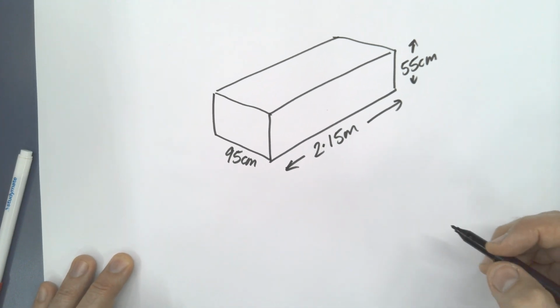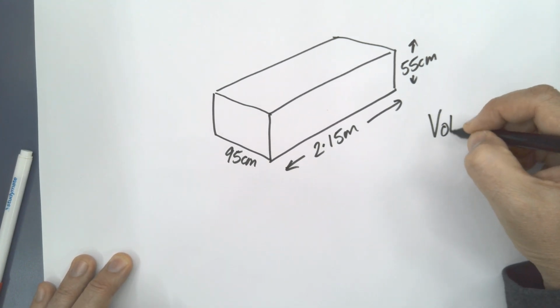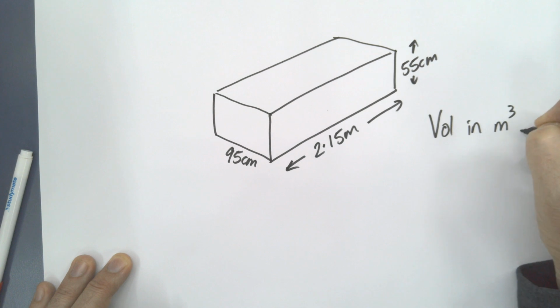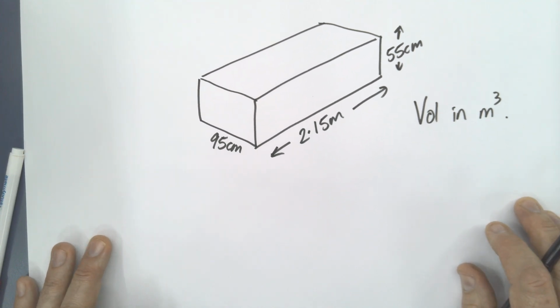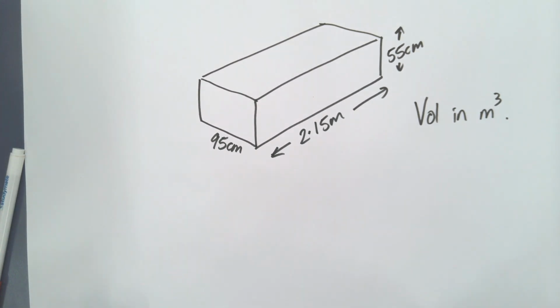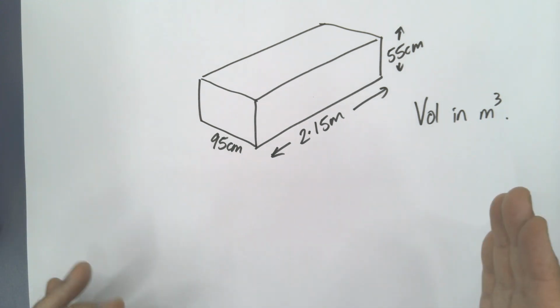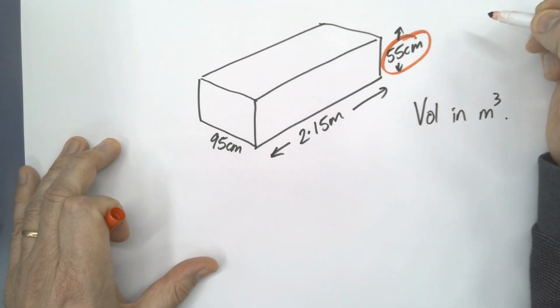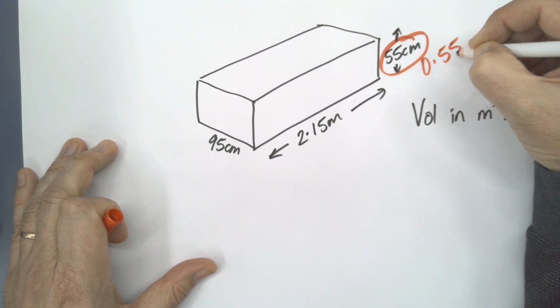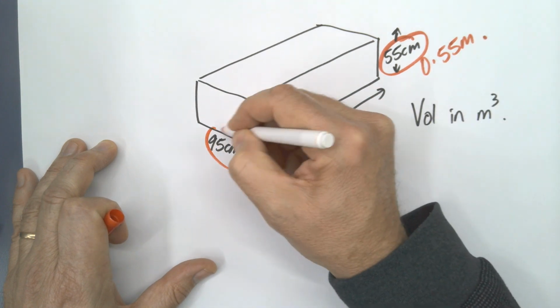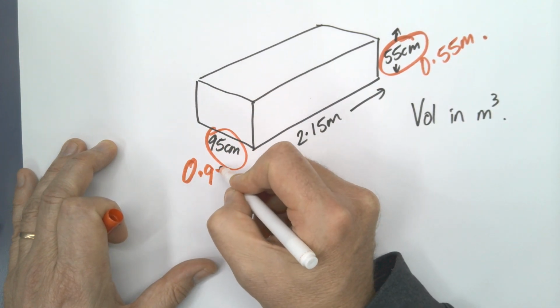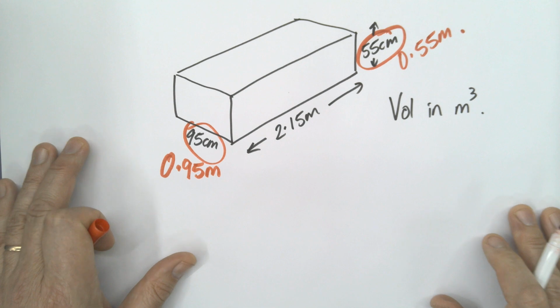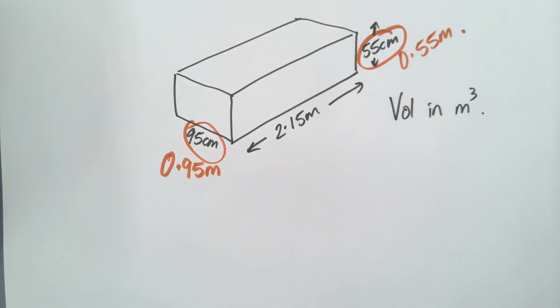Let's say I've got to find the volume in cubic meters. First of all, I'm going to get them all into meters. You cannot use different units in the formulas. So this one here, 0.55 meters. That one there, 0.95 meters. Okay, now we're good to go.